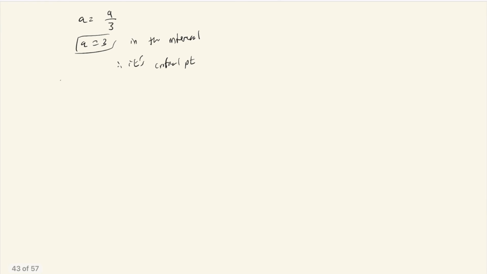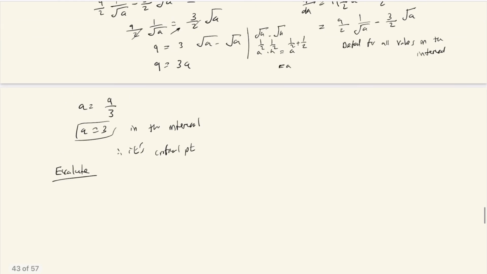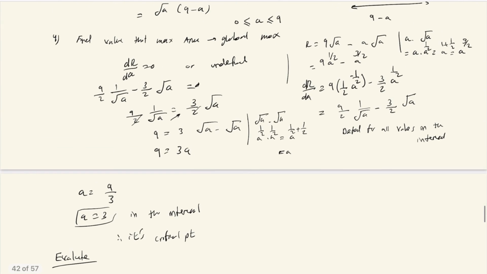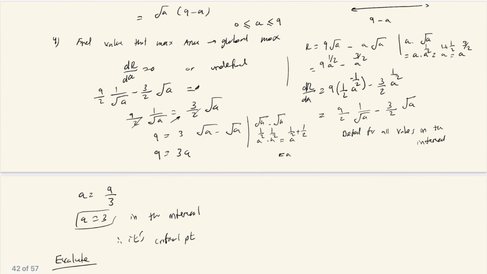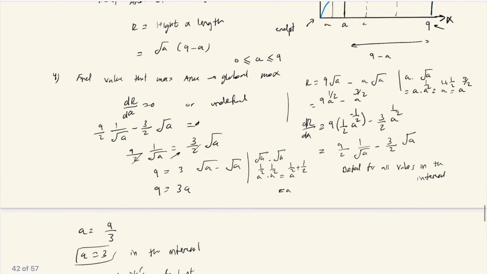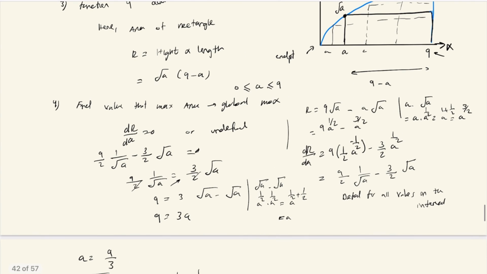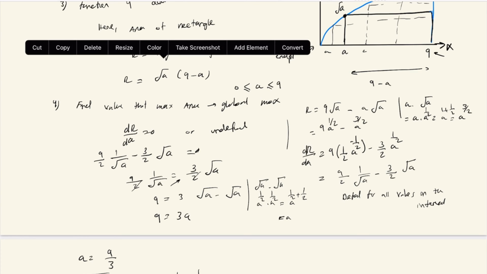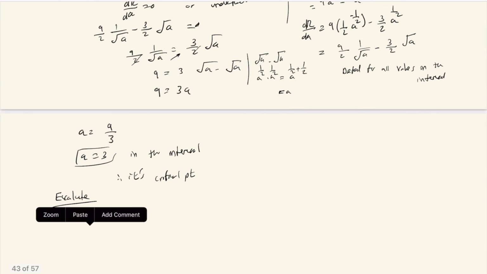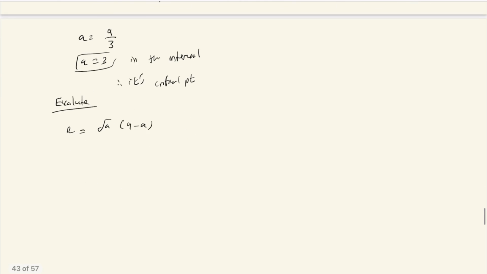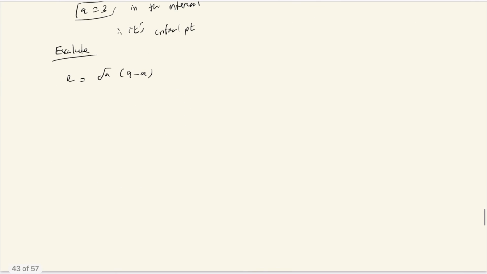Now, we can evaluate our critical point 3 and our endpoints 0 and 9 in the function r of a. So I'm going to take this function, copy that to the bottom, and then I'm going to evaluate our points, the critical point and our endpoints.